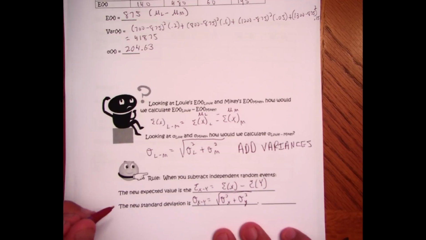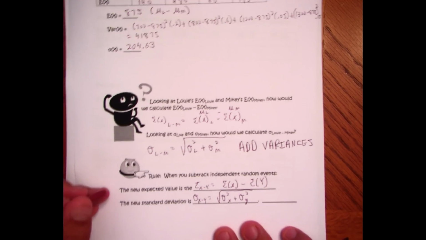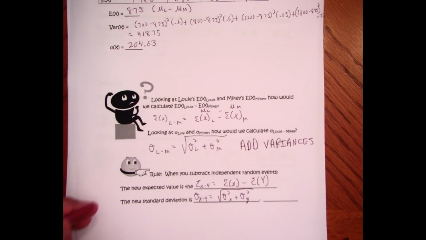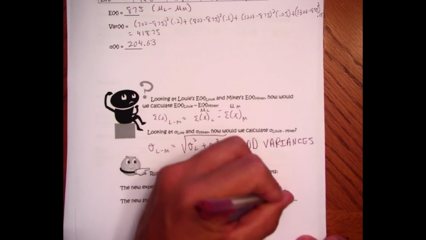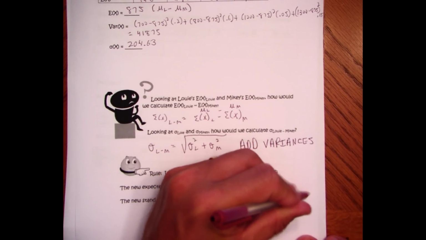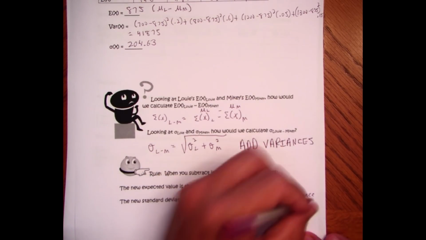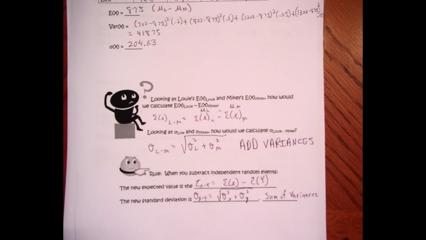So what we wind up doing either way is the sum of the variances, even when we're subtracting.